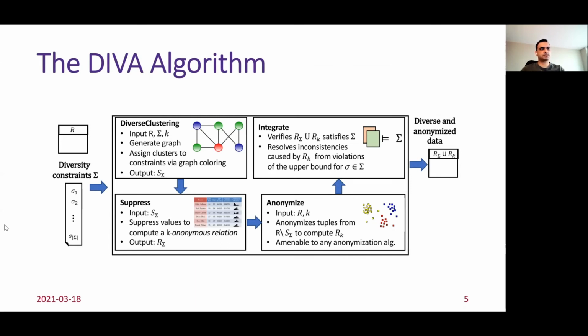For the rest of the tuples that are not included in the clusters, we use existing anonymization techniques to anonymize those records. And at the end, we integrate the records obtained from the external anonymization algorithm and our diverse clustering technique to generate the final instance.